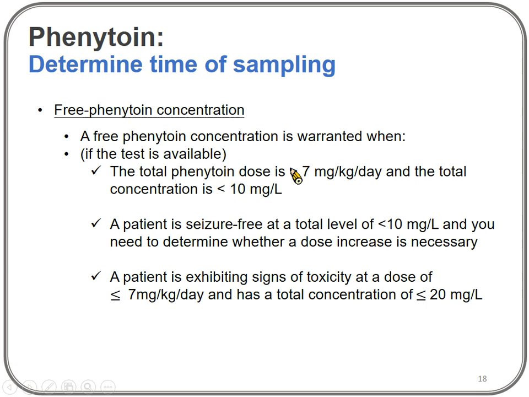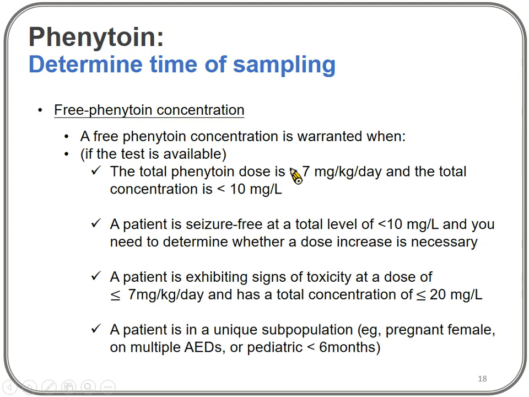And third, if the patient is exhibiting any potential toxicity signs at a dose below the normal maintenance dose and has a total concentration below 20, but there are any signs suspected to be adverse effects, then just get the free phenytoin concentration to ensure it's not above the targeted 1 to 2 milligram per liter in terms of free phenytoin.